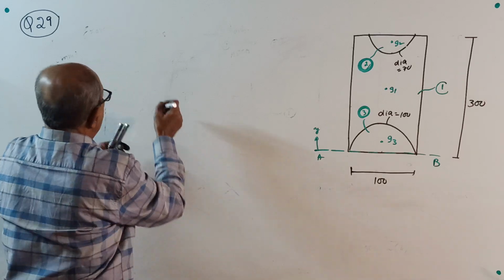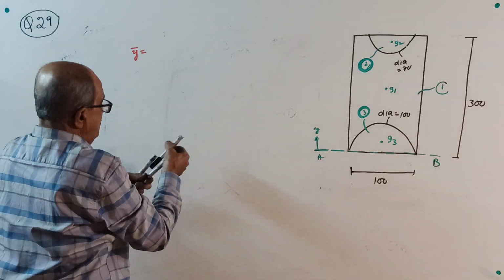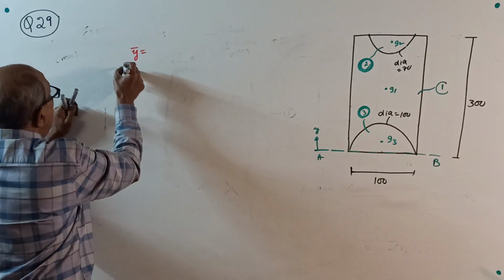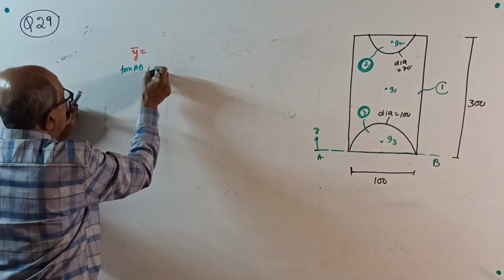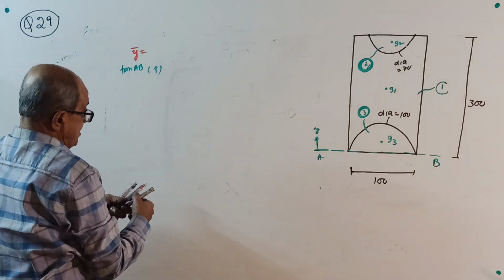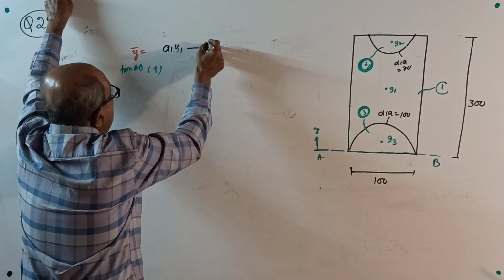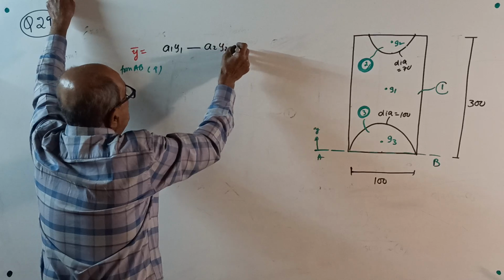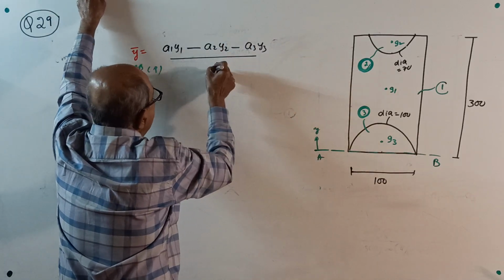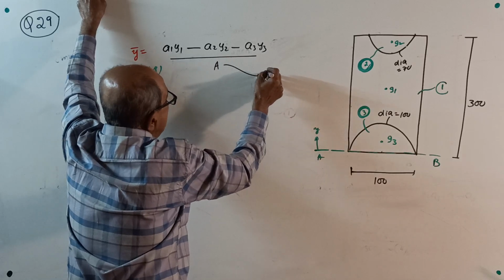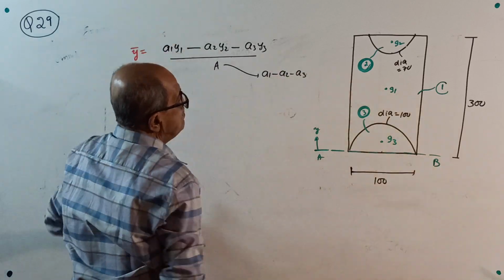See, I write the Y bar formula. Y bar from AB in the upward direction equals, be careful, A1 Y1 minus A2 Y2 minus A3 Y3 divided by total area. Total area is A1 minus A2 minus A3.